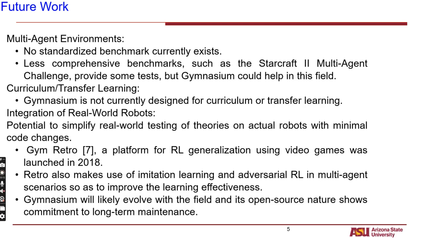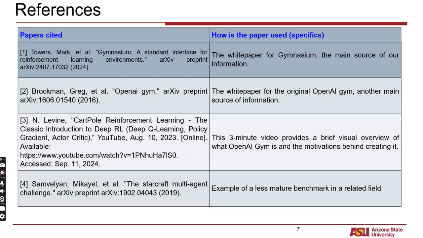It uses imitation learning and adversarial reinforcement learning in multi-agent scenarios so that the learning effectiveness can be improved. And OpenAI is still supporting OpenAI Gym, so that shows its long-term commitment to the project.